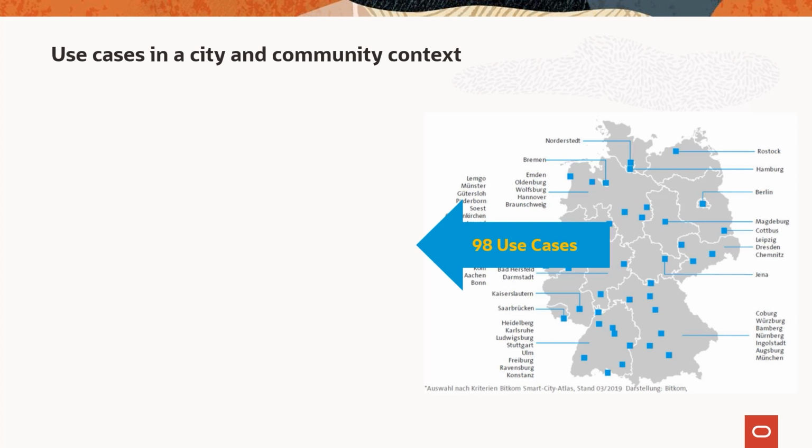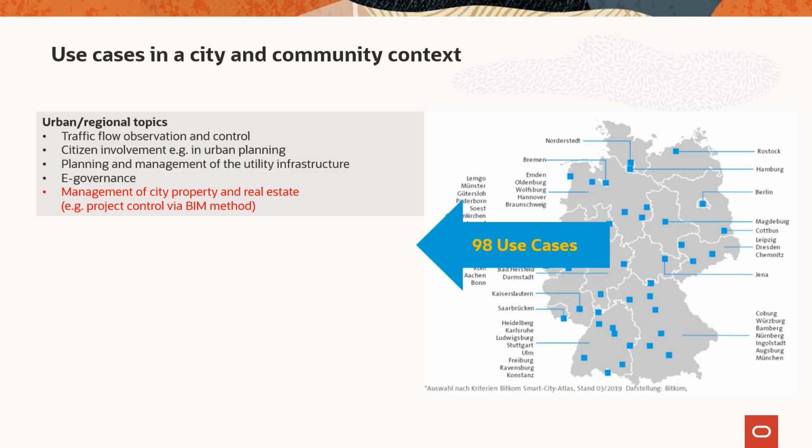Main areas were urban activities like traffic management, urban development, citizen involvement, e.g. in urban planning, planning management of the utility infrastructure, e-governance, and the management of city property and real estate, project control via BIM.